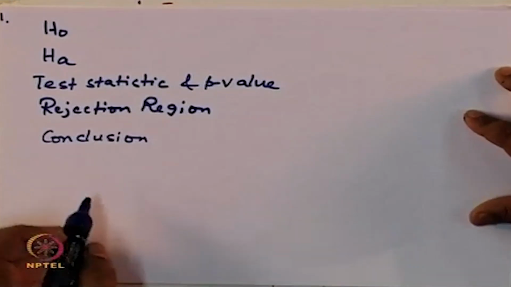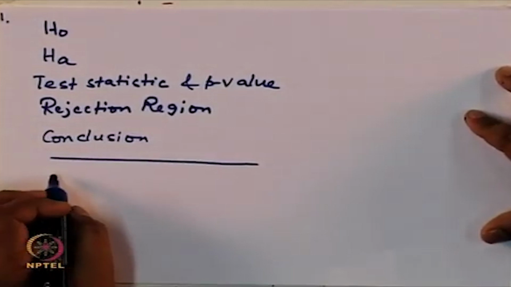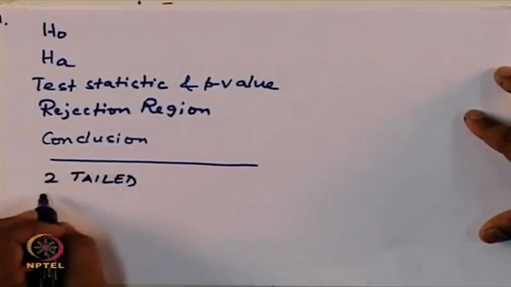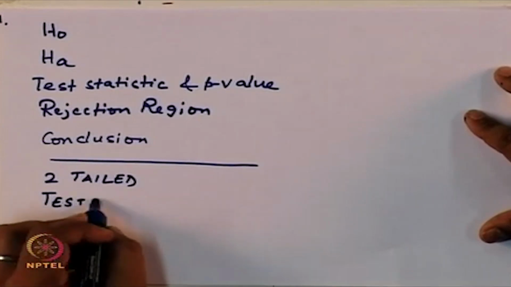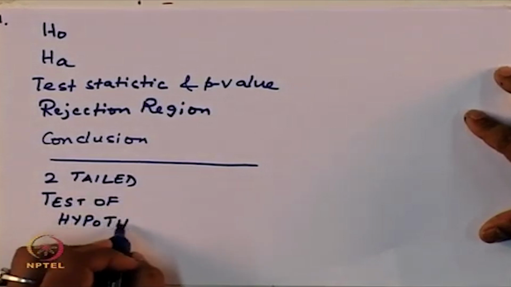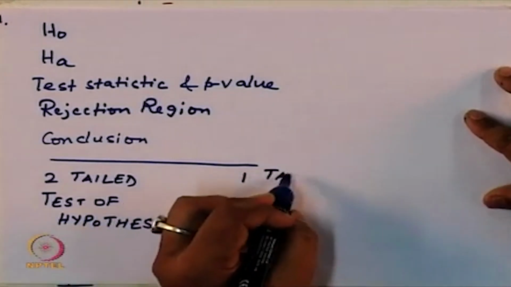And in the last class we discussed in great detail, you can either have a two-tailed test of hypothesis or a one-tailed test of hypothesis.